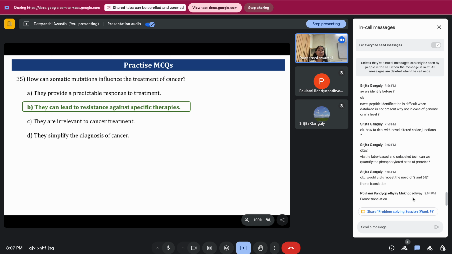But this is not always the case, because the machinery is quite complicated, and alternate splice variants can give rise to a diversity of protein sequences. This was just for theoretical purposes, to show the possibilities. There are mutations and other things going on as well, but this was the main concept behind three frame and six frame translation.